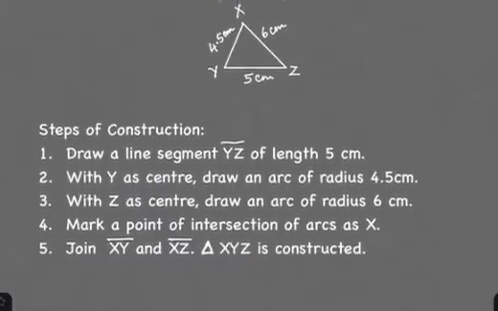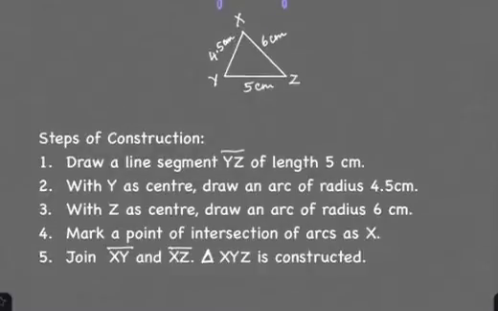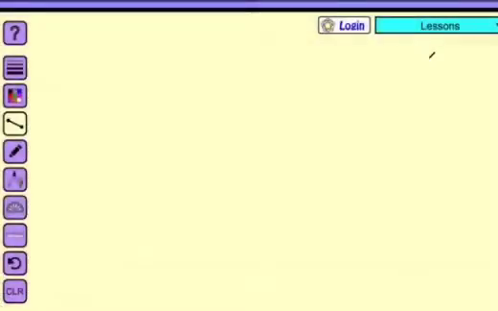So, the steps of construction. We'll just carry out the construction as per these steps. Now, we will have a rough diagram drawn so that we have an idea as to how the triangle might shape up.